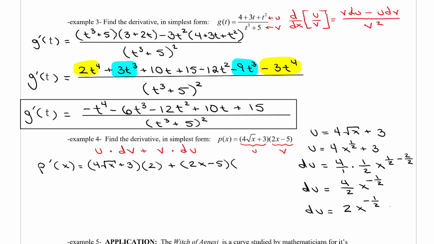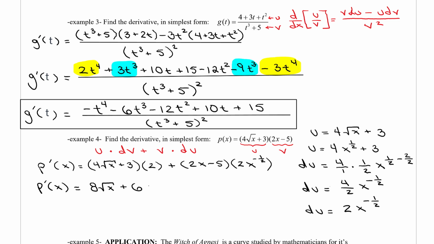So that is what I'm going to replace for my du part. I'm going to write 2x raised to the negative 1/2 power and then close the parentheses. Now we simplify this. So p prime of x is going to be equal to 2 times 4 is 8, so it's going to be 8 radical x.